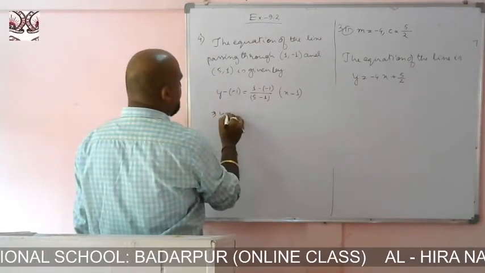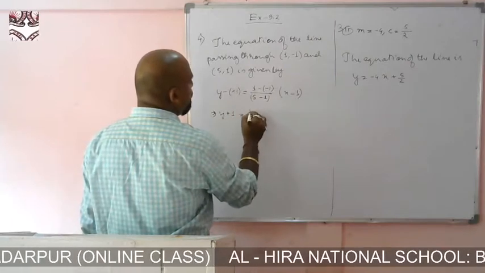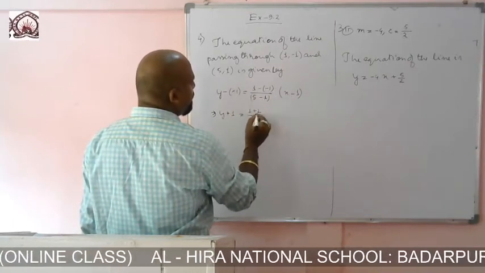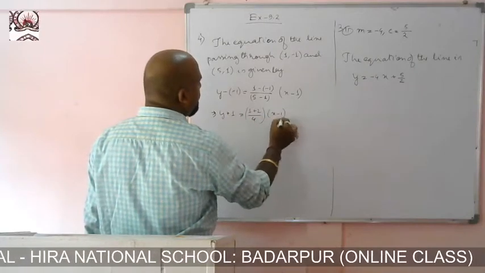Now y plus 1 equals 1 plus 1 is 2, 5 minus 1 is 4, into x minus 1.